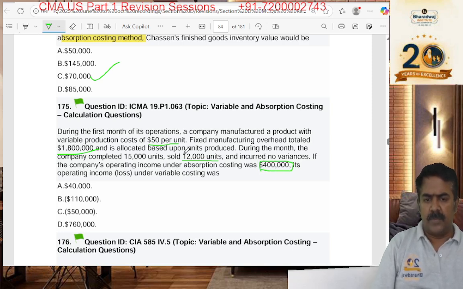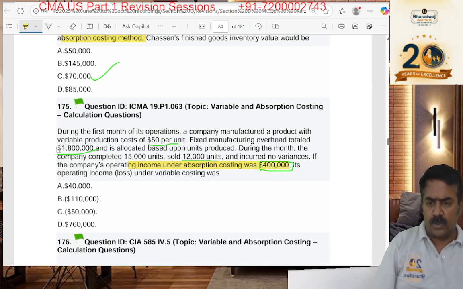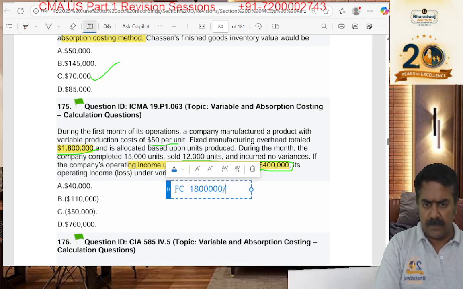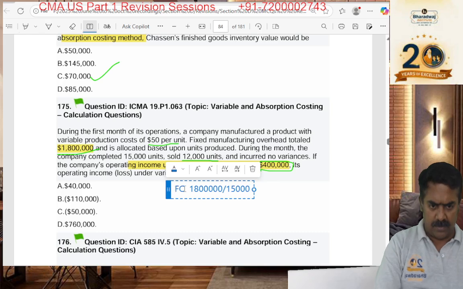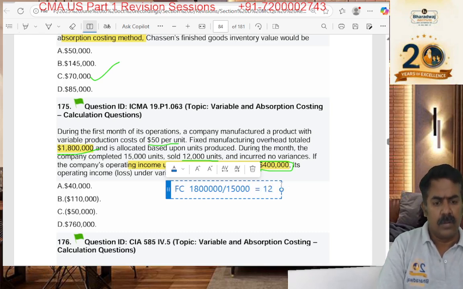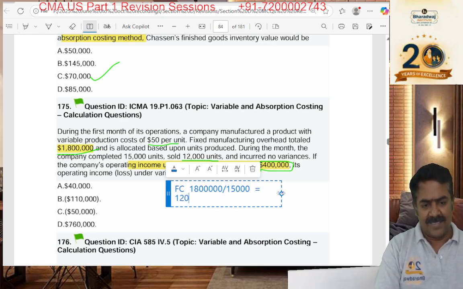So work out, they have given you operating income under which costing? Absorption costing, how much is given? 4 lakhs. So can you work out fixed cost per unit? 18 lakh divided by 15,000. What is the fixed cost per unit? 120.